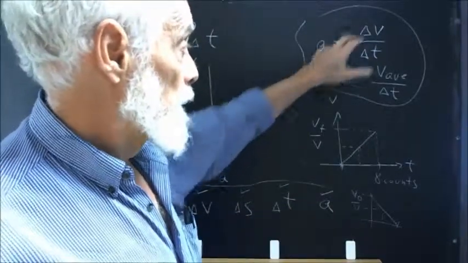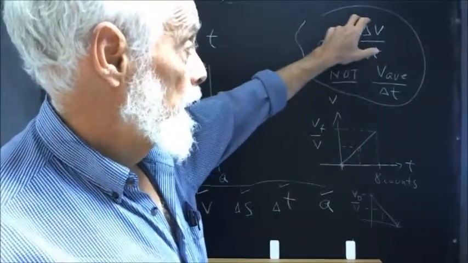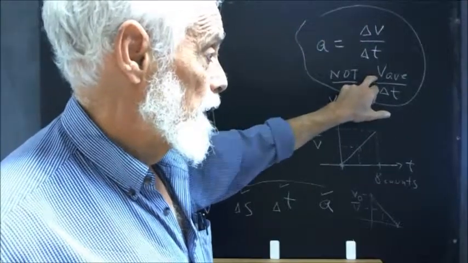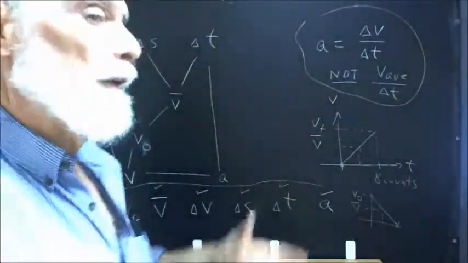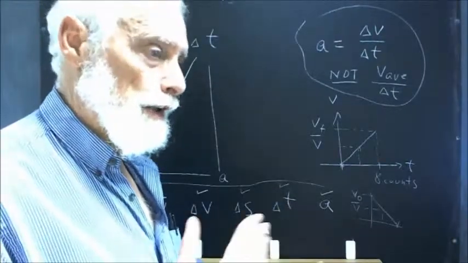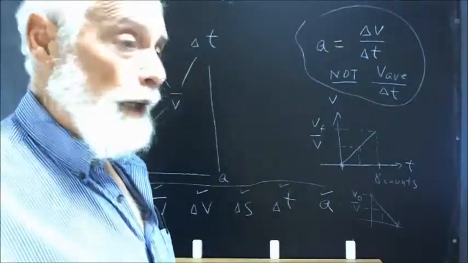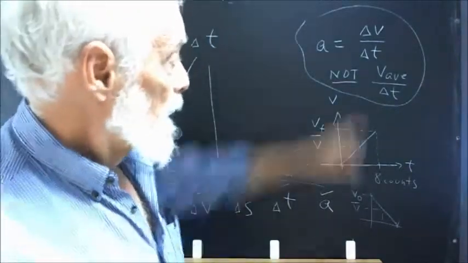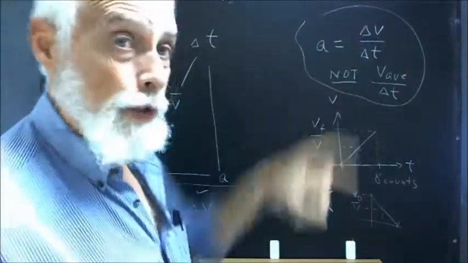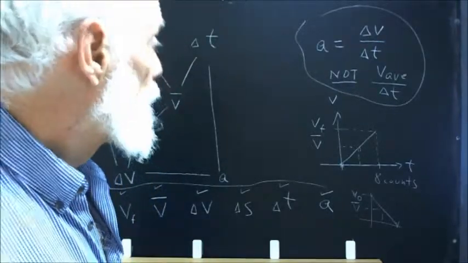Acceleration is delta v over delta t. Delta v is not even related that much to vf. You can average 60 miles an hour by going steadily from 30 up to 90. You can average 60 miles an hour by just staying at 60 miles an hour. You have a much different delta v in one case than you do in the other.